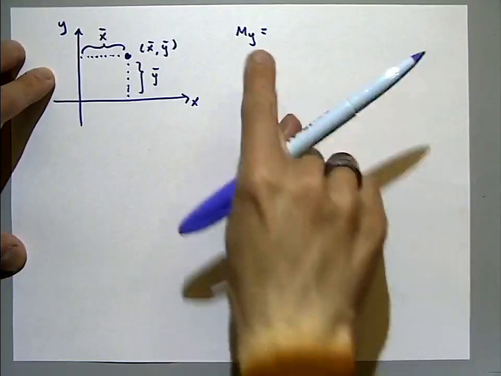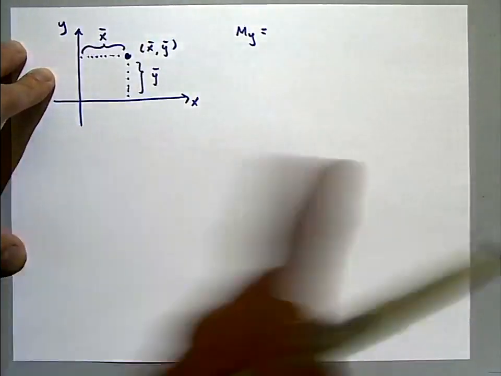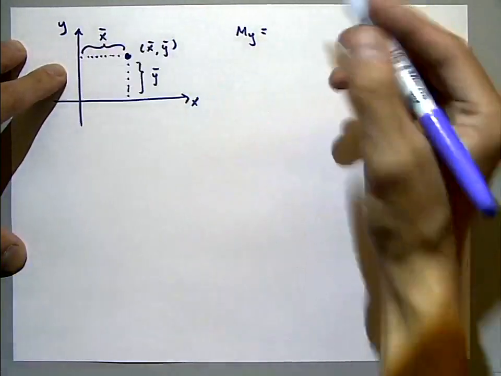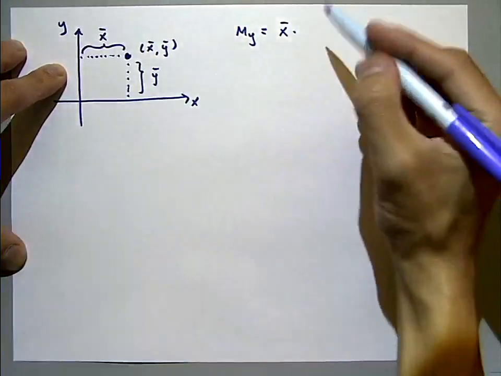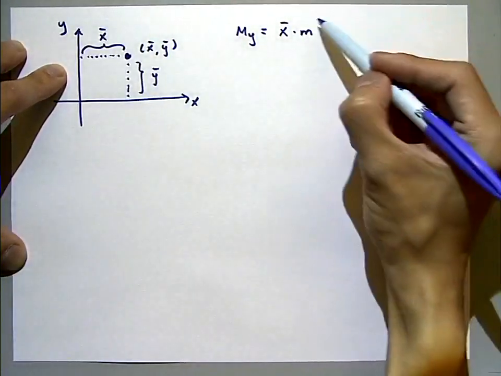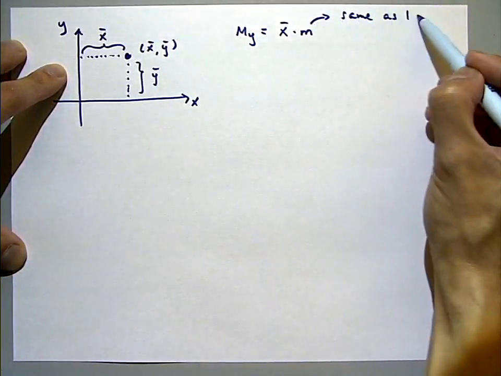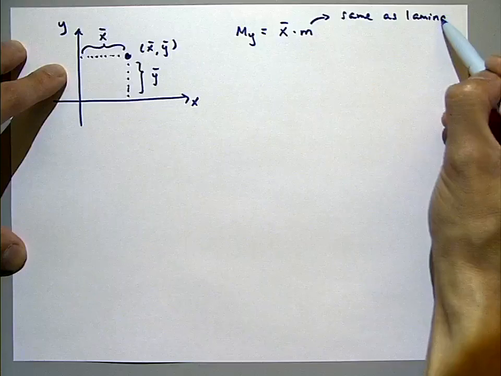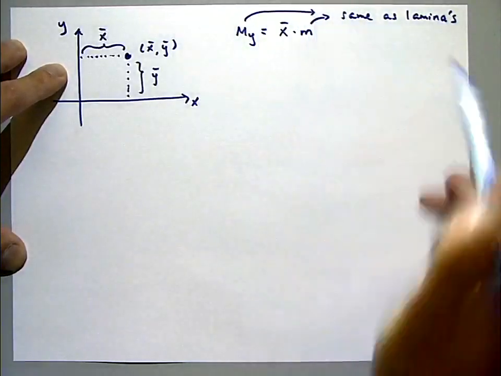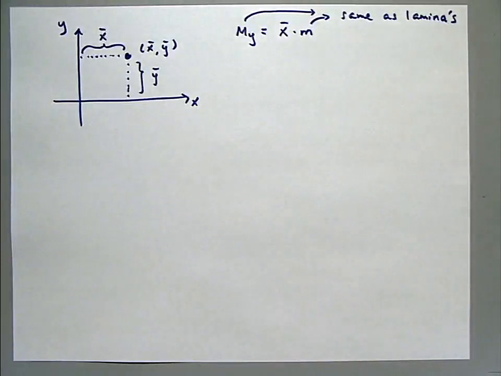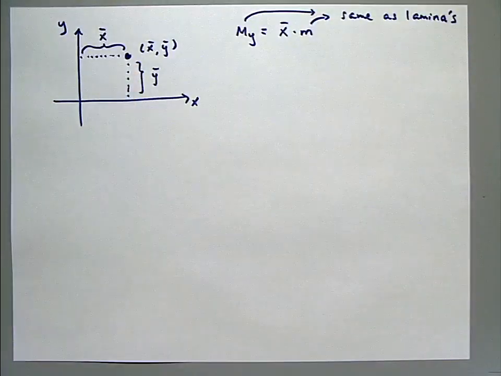The moment of that point about the y-axis is the distance from the y-axis times the mass of that one point. And remember, now we want the same moment and the same mass as the lamina. It's the same thing, but collapsed into one point.